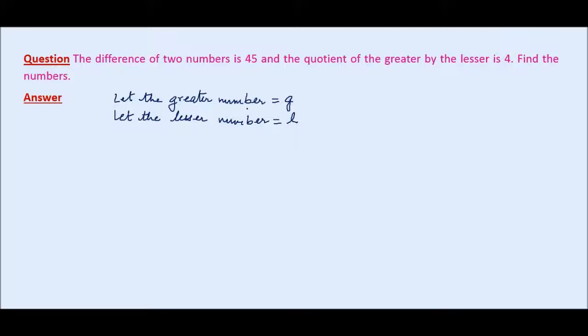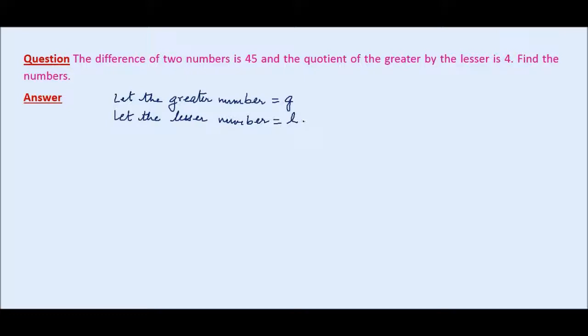But you can take the greater number to be equal to X and the lesser number to be equal to Y as well. But I have taken G and L instead of X and Y because I have seen students taking X and Y for the variables, doing the entire sum correctly and getting confused while writing the answer. Because at the time of examination, where time is a factor, you have to do the sums correctly and fast.